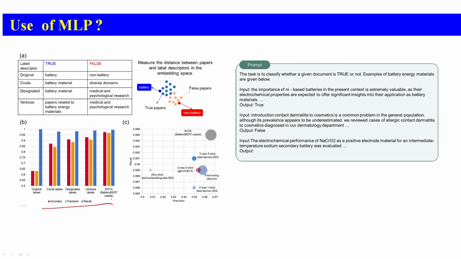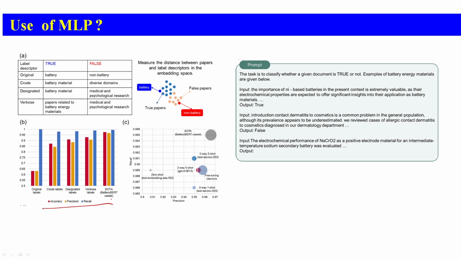So, input: the importance of nickel based batteries in the present context is extremely valuable, as the electrochemical properties are expected to offer significant insights into the application of battery output. This is true. Let us say another input: contact dermatitis to cosmetics is a common problem in the general population. Although its prevalence appears to be underestimated, we review the cases of allergic contact dermatitis to cosmetics diagnosed in our dermatology department.